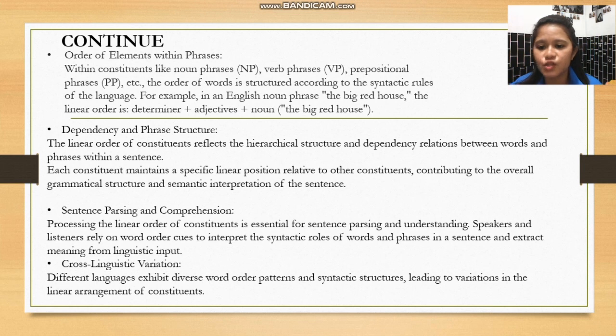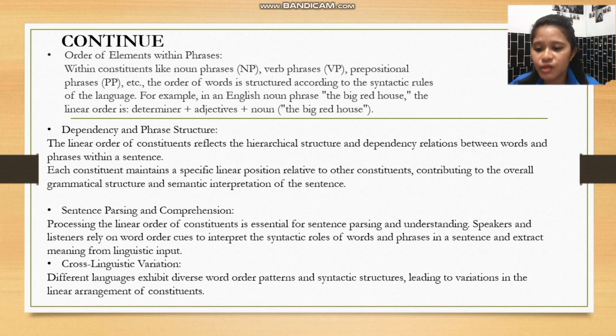Three, dependency and hierarchical structure. The linear order of constituents reflects the hierarchical structure and dependency relations between words and phrases within a sentence. Each constituent has a specific linear position relative to other constituents, contributing to the overall grammatical structure and semantic interpretation of the sentence.